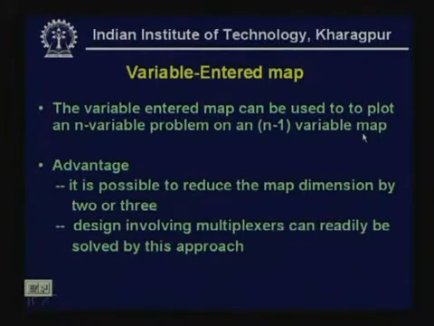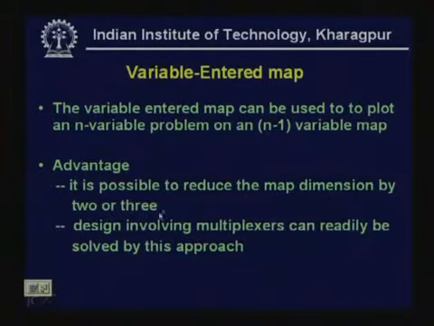So, if we write a program, then always for a large value of n, we can reduce the K-map to some reduced variable map, and this is a very big advantage. So, it is possible to reduce the map dimension by 2 or 3. That means if n is 8, then I can reduce it from 8 to 7, then from 7 to 6, 6 to 5, like that.